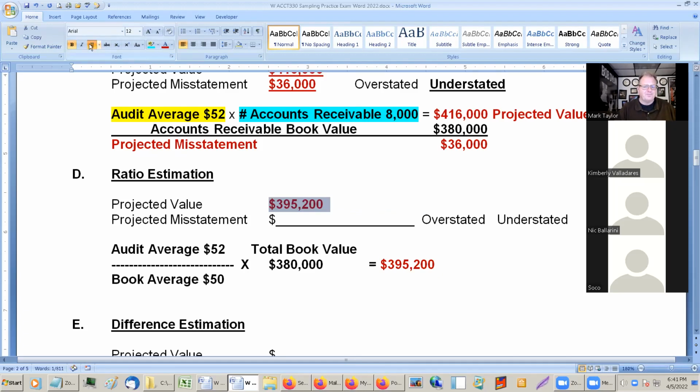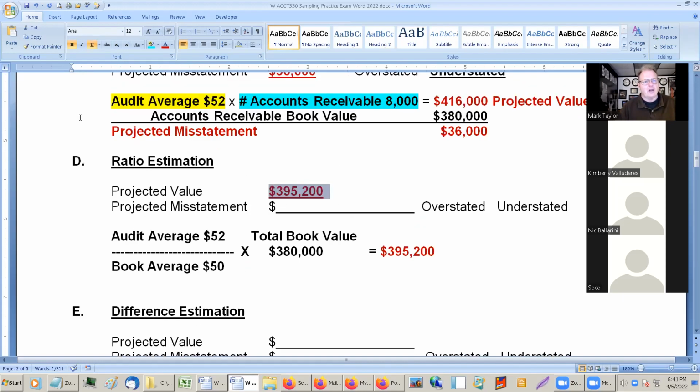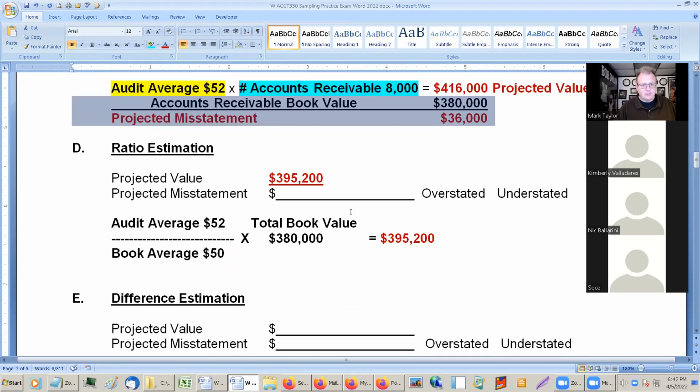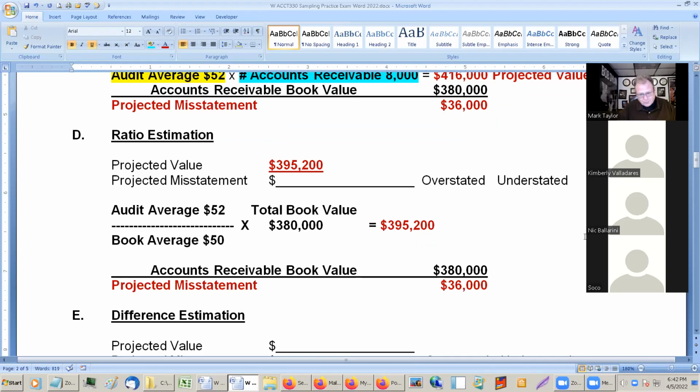So that's the projected value. And so the projected misstatement, I'm just going to cut and paste this here. What is that? 15,200, I think.